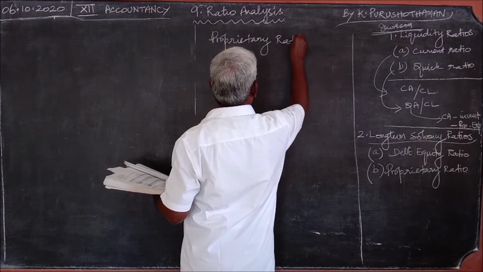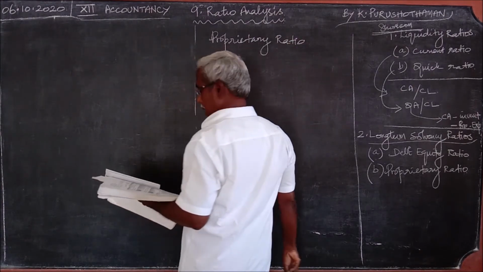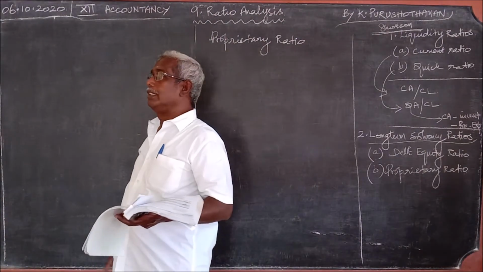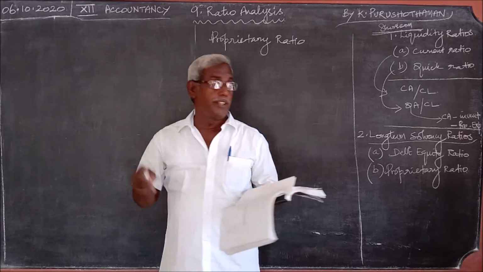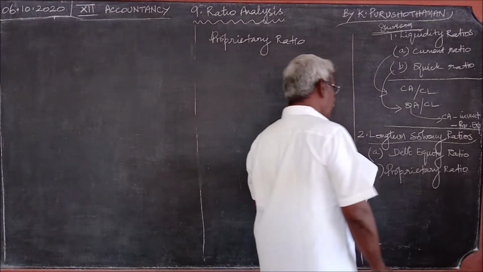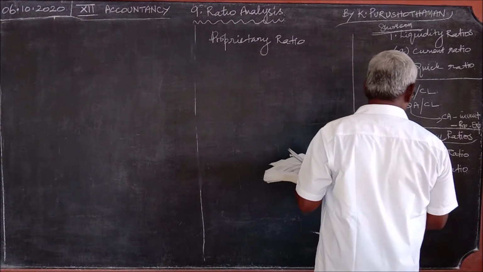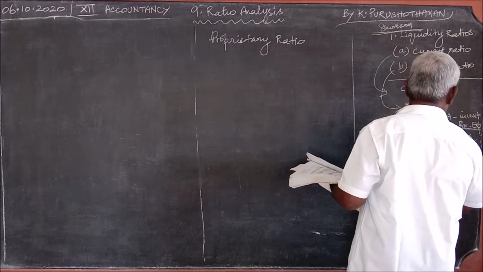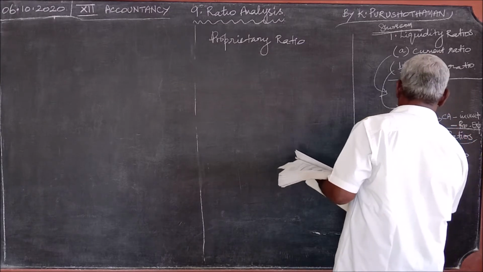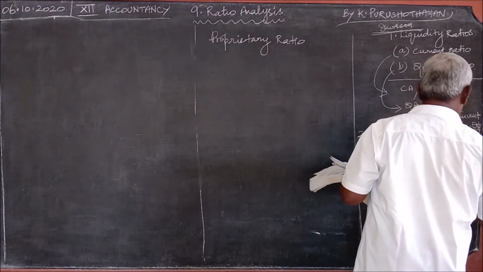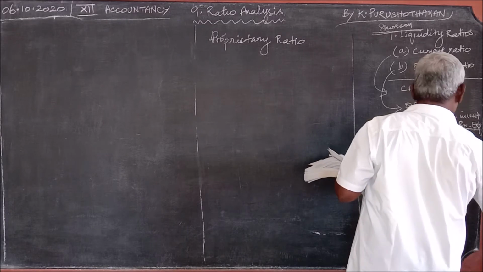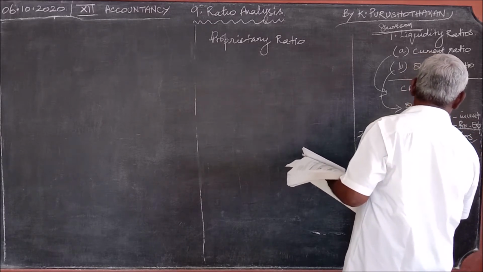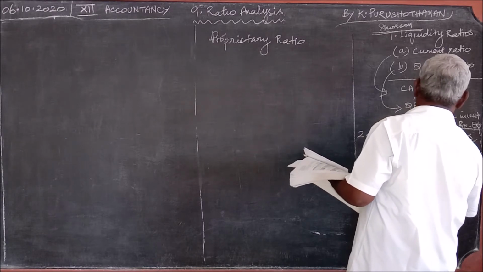Proprietary ratio is equal to, in the previous problem, what we have written, long-term debts by shareholders fund.